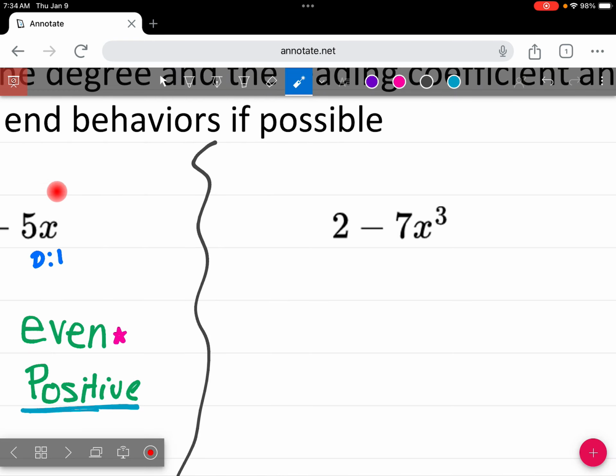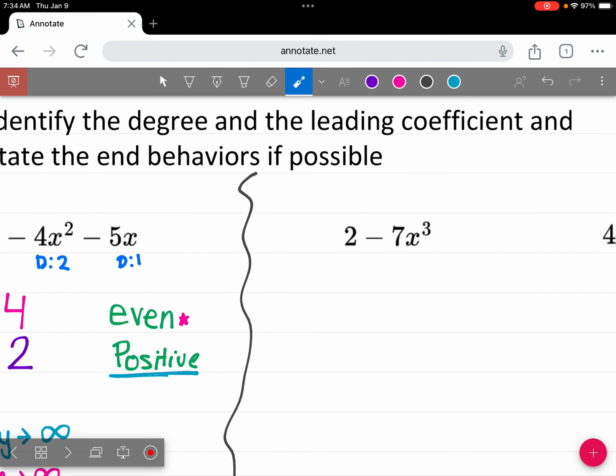Remember we had 1 over here when we had 5x. So does this have a letter in it at all? So what's the exponent on that letter? If it doesn't exist, so 2 has a degree of 0.